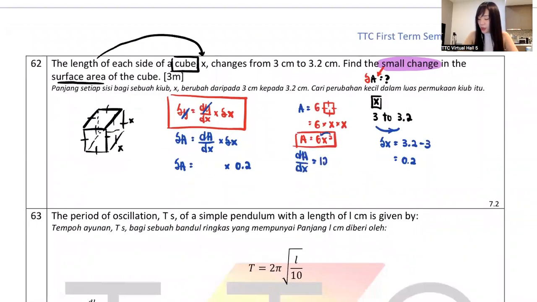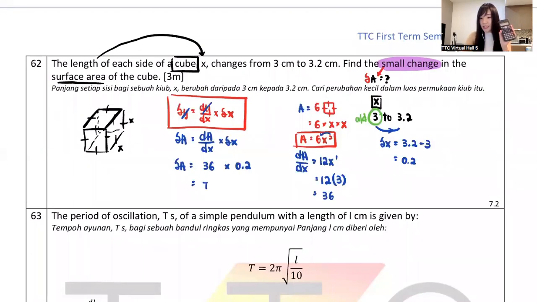So 2 times 6 is 12, power minus 1, 1. So after you have that, remember to sub the original x inside, which is 3. Okay, so 36. dA/dx is 36. 36 times 0.2.